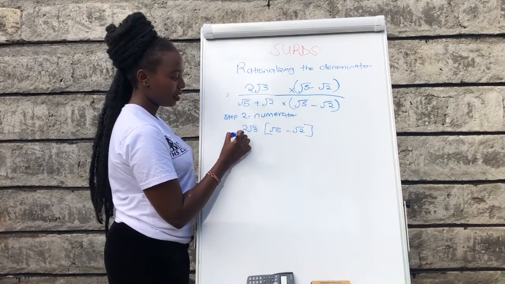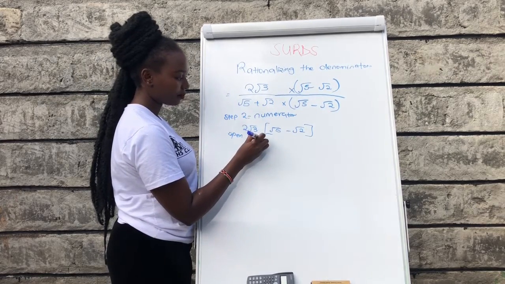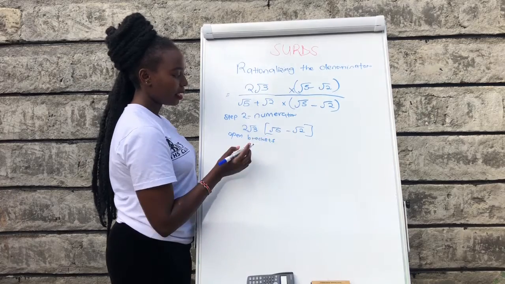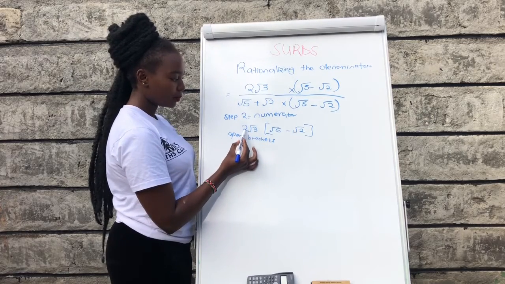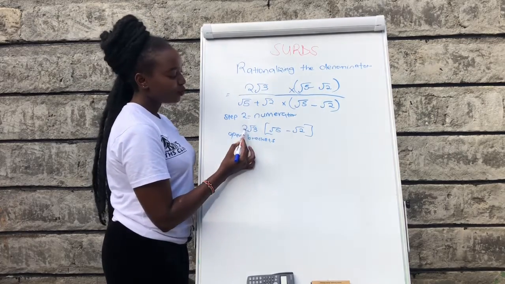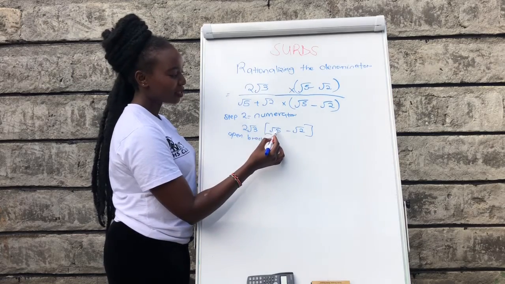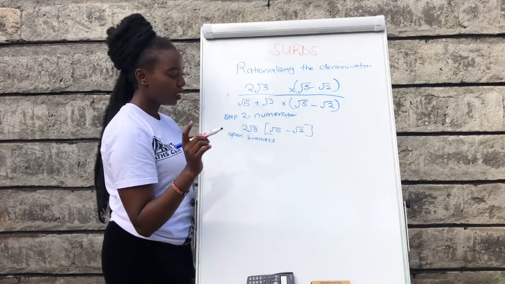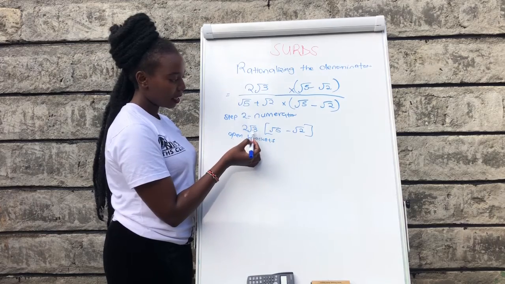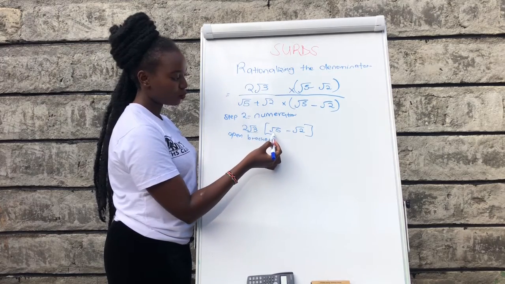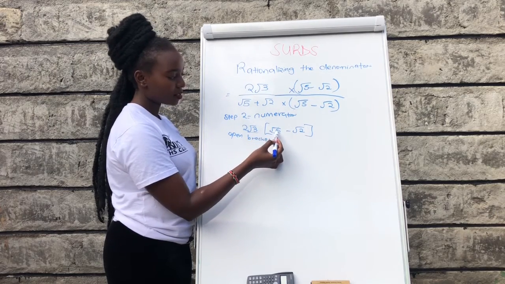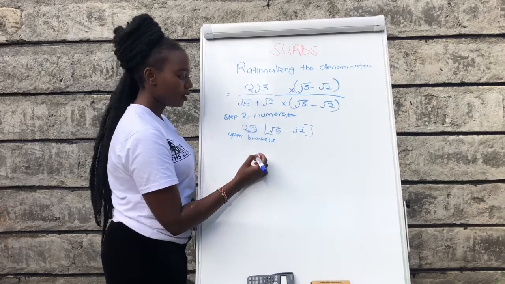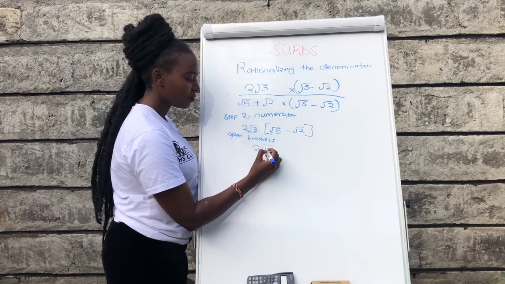So now you open brackets. So 2 multiply 2 root 3 times root 5. So what you need to do here, because outside you will multiply now these two together. So 3 times 5 becomes 15. So it becomes 2 root 15.